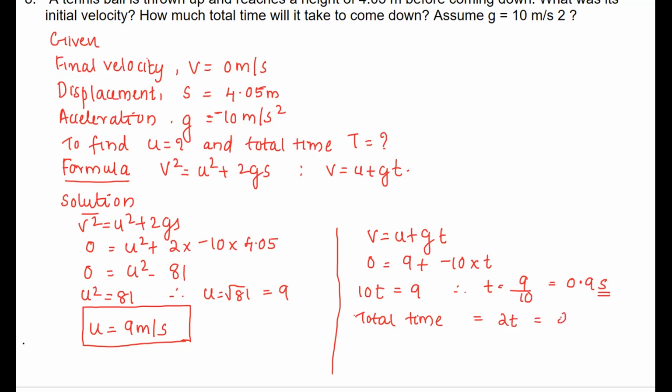That is equal to 2 into 0.9. So we got T is equal to 2 into 0.9 is 1.8 seconds. This is the total time taken by the object to come down.